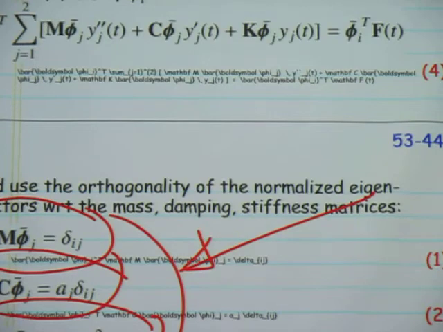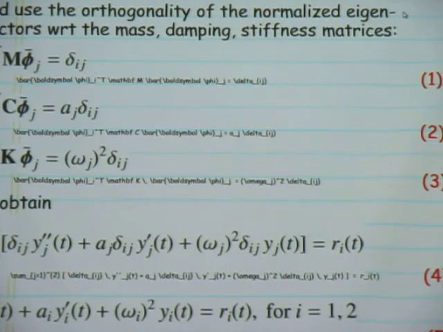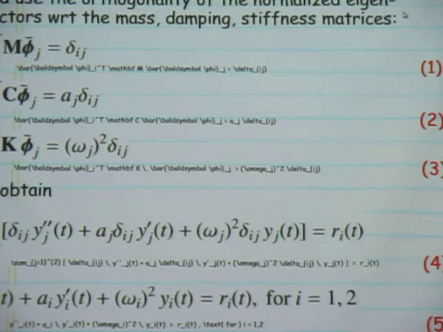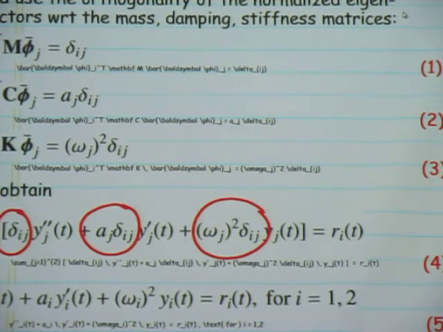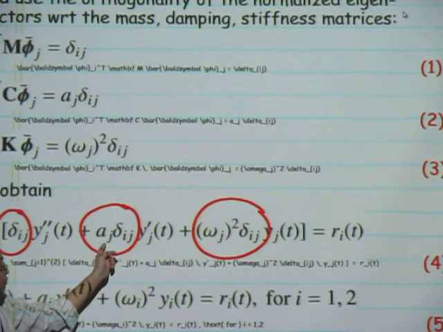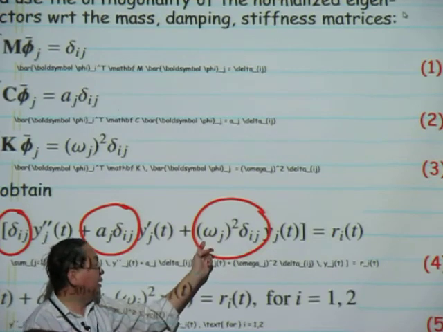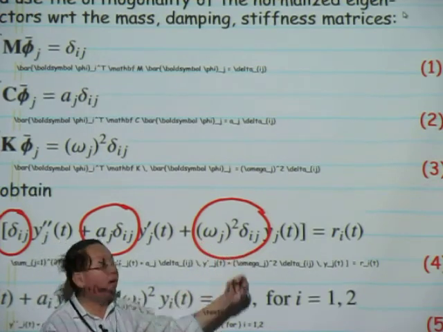Okay. So let's see what we have with these wonderful expressions. You see, then you can replace phi I bar transpose times the mass matrix by delta ij, phi bar I transpose times C times phi j bar is aj delta ij, and this is phi I bar transpose times k times phi j bar, right?